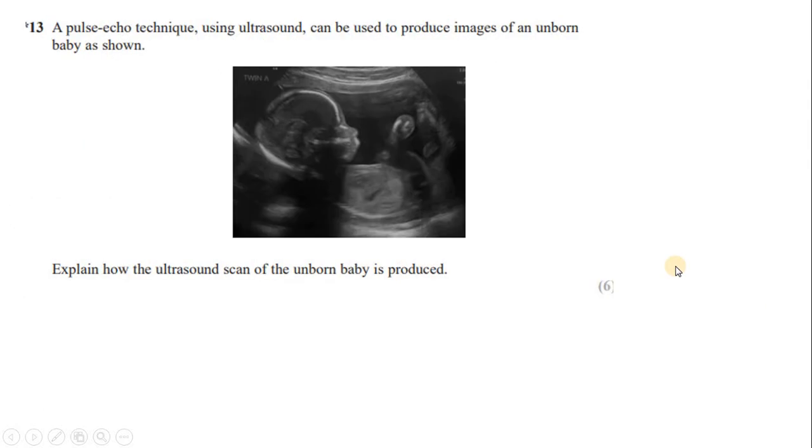Question number 13. A pulse echo technique using ultrasound can be used to produce images of an unborn baby as shown. Explain how the ultrasound scan of unborn baby is produced.